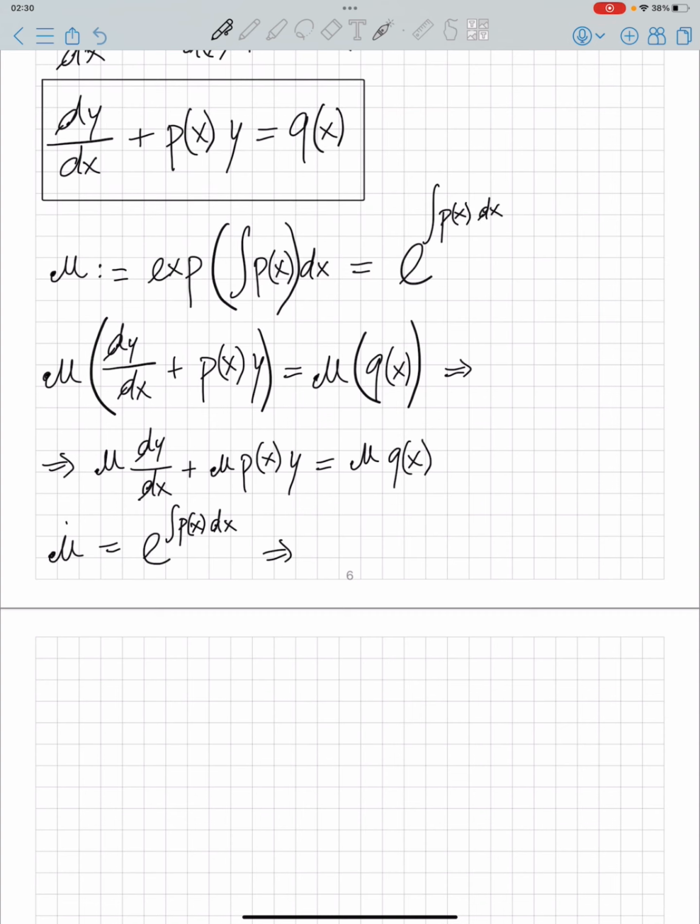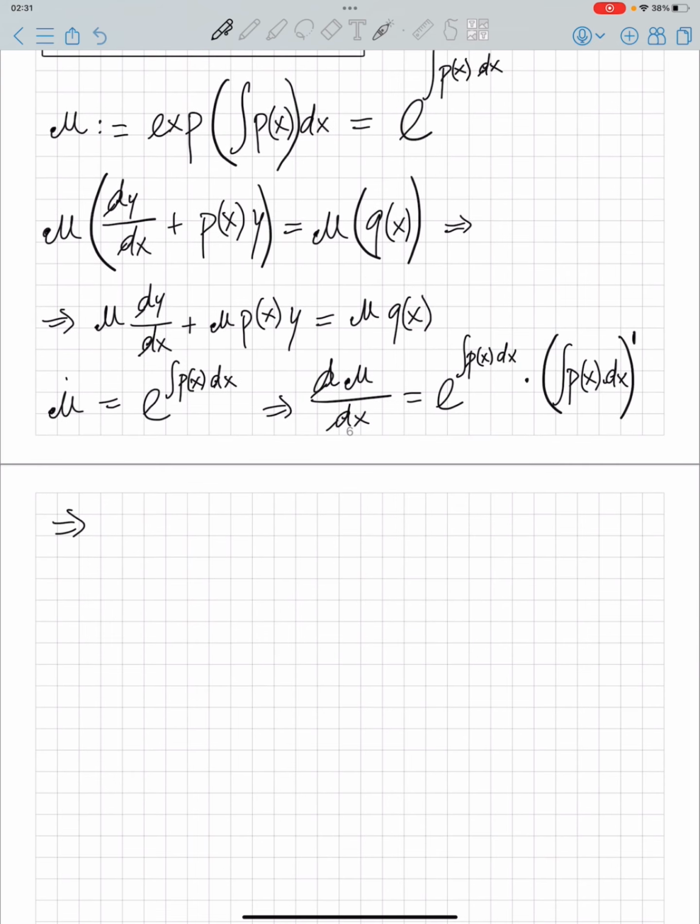So now we're gonna differentiate mu, right? So we have d mu with respect to x dx is equal to, we're gonna use the chain rule, so this is gonna be e to the power integral of p of x dx, then we're gonna multiply it by the differentiation of the exponent, right? Integration p of x dx by this, the differentiation, right?